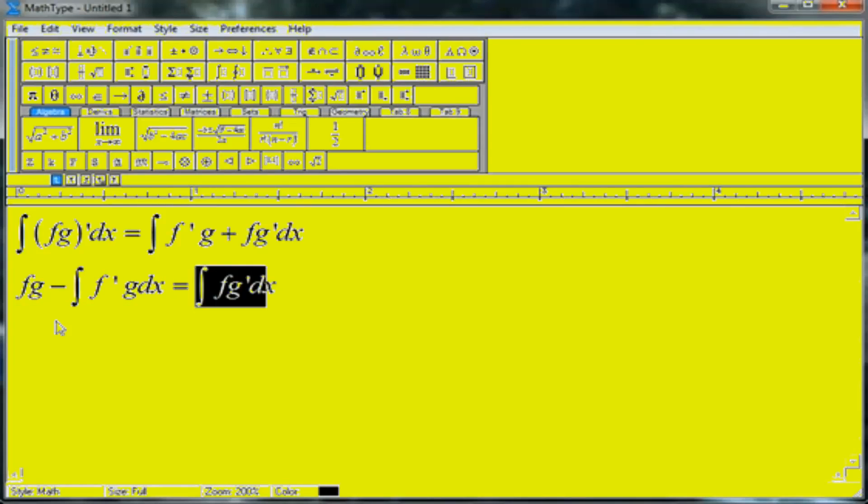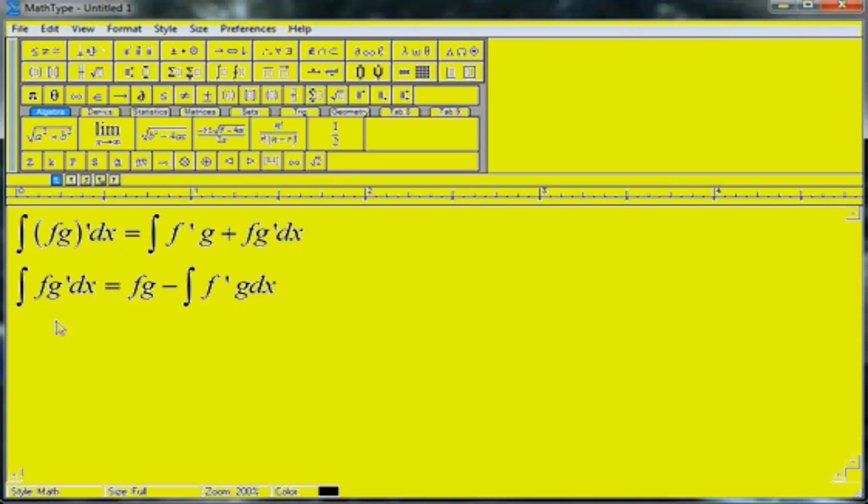I'm just going to move this to the left, because that's how it's normally written. So it's the integral of fg' dx equals fg minus the integral of f'g dx.